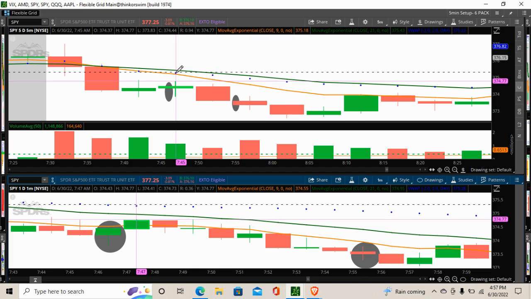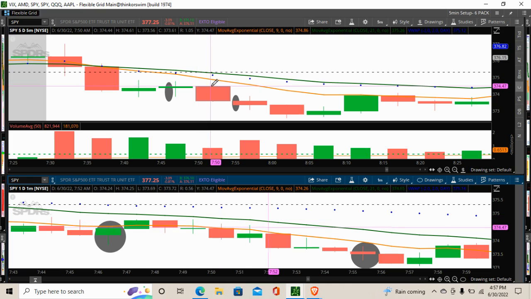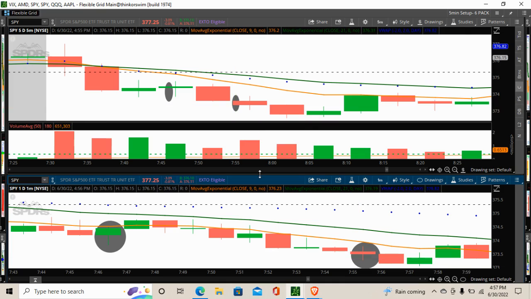And then a close above VWAP was going to be at 375.26. So I had about a 50-cent risk here, but I ended up entering. You can see here we opened, didn't break back above, and then on the next candle down, I ended up exiting for about a 20% return.